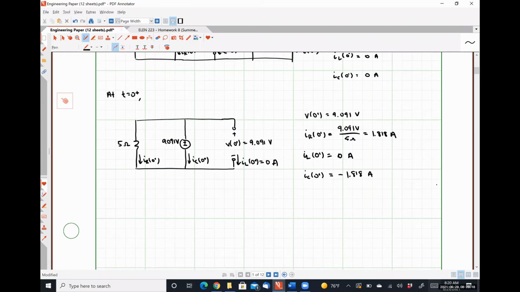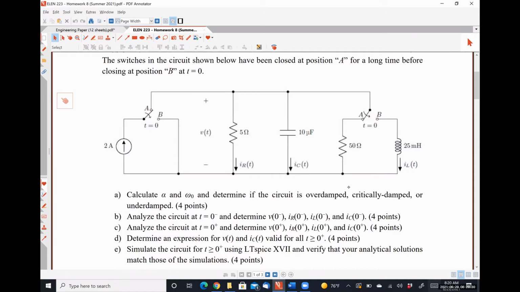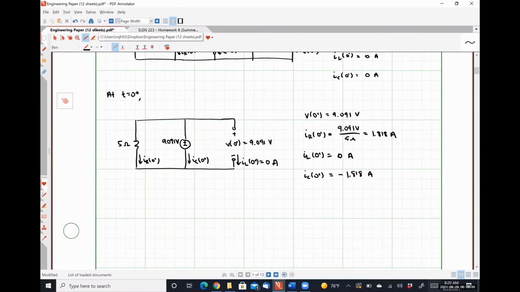So now we will need to use our table and figure out what our coefficients are. What quantities exactly was I solving for? I want the voltage and the capacitor current. So V of t will be of the form A1 e to the S1 t plus A2 e to the S2 t.